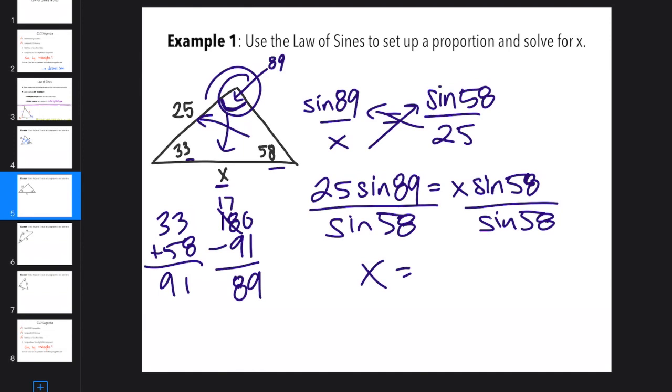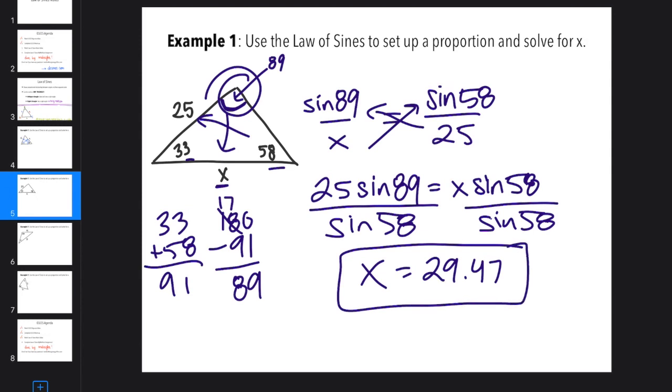So 25 sine of 89 gives me 24.99. Hit divide by sine of 58. That gives me x is equal to 29.47. And that is that side measure.